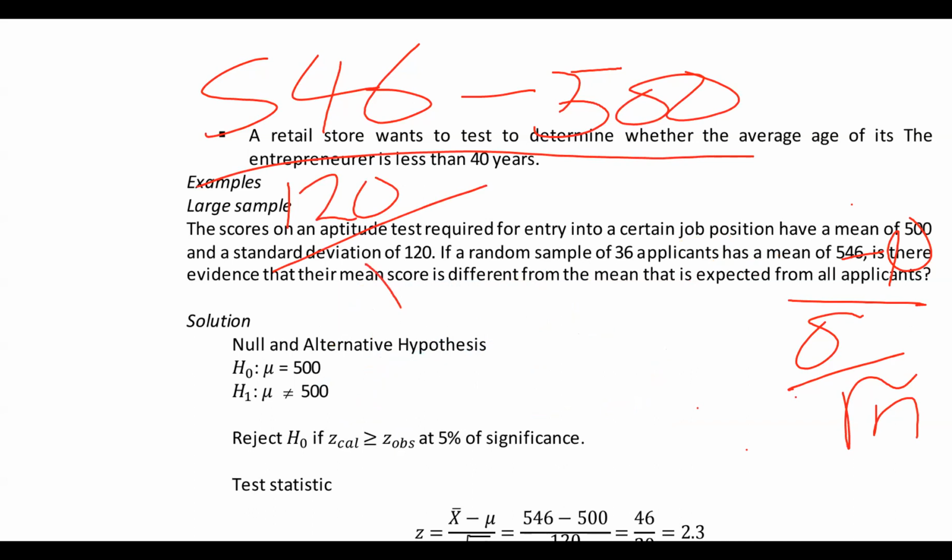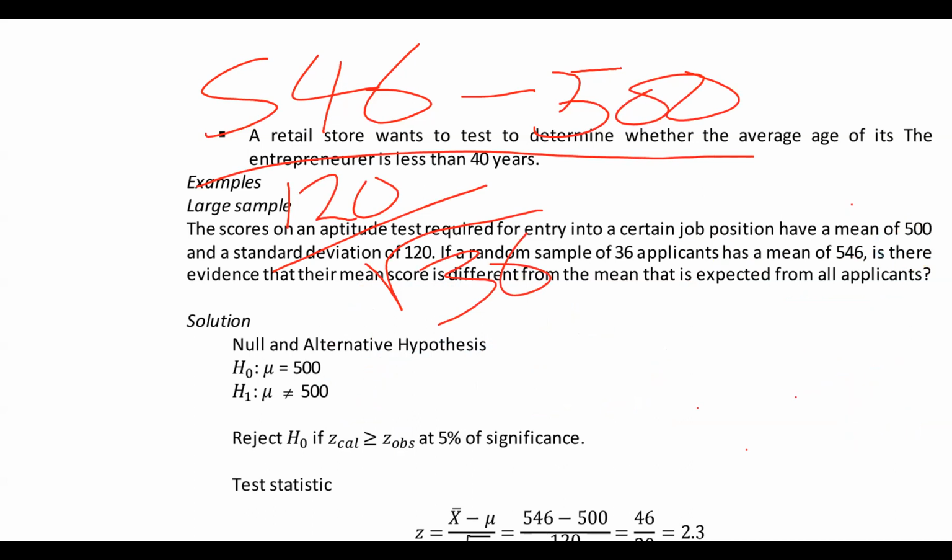What do we get as the answer? 20. Yes, on top we have 46 over 20. So what is the Z value from the observations? 2.3.